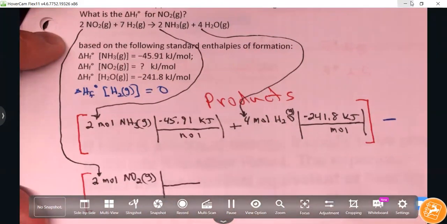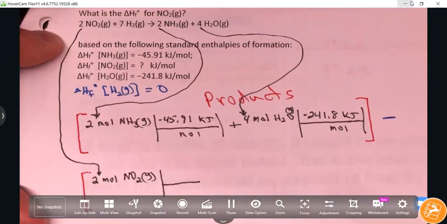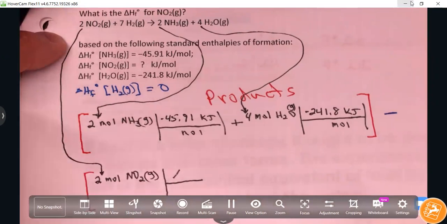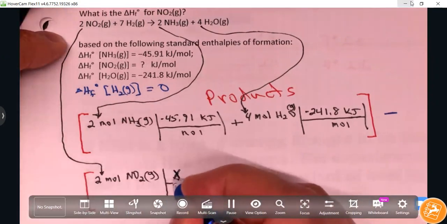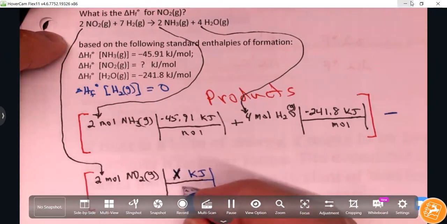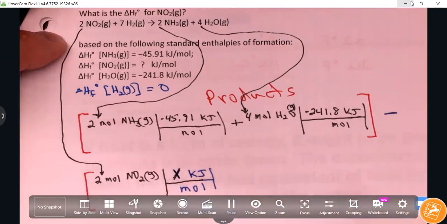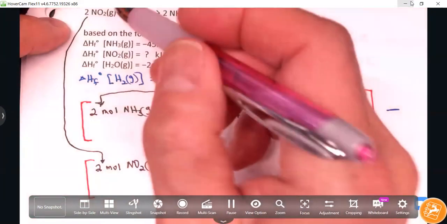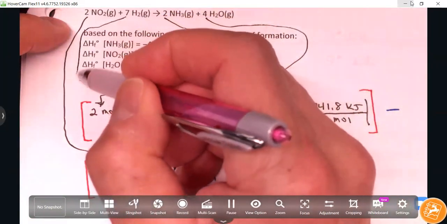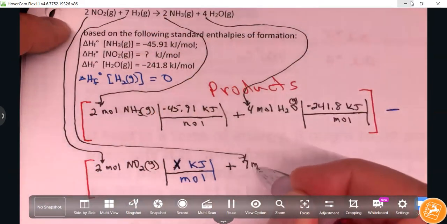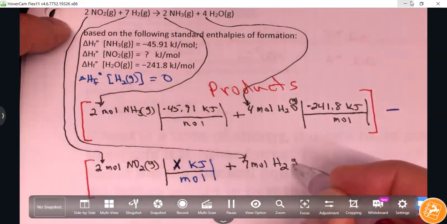And this, NO2 gas, this is what we've got to solve for, right? So we have X kilojoules per mole. Plus seven mole of H2 gas.